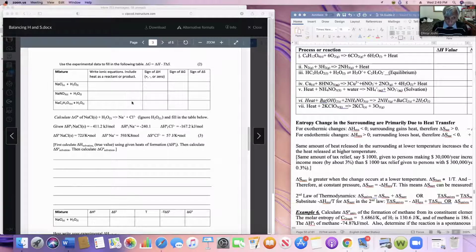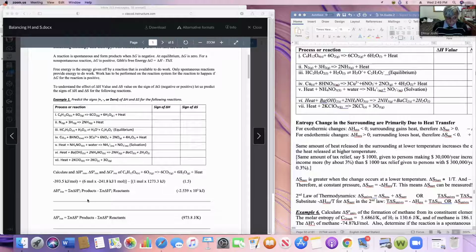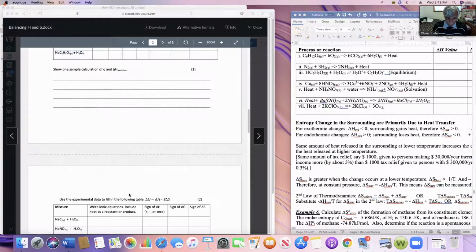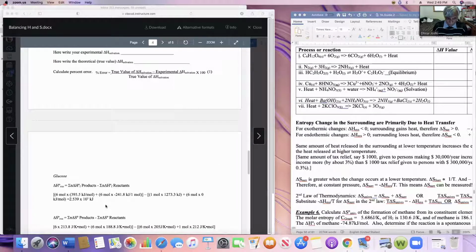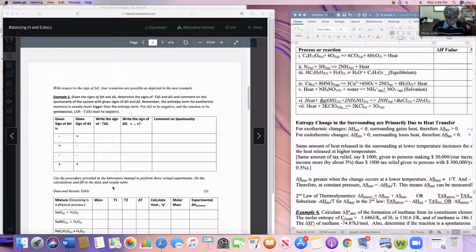Now you are going to have this equation here, the delta H reaction equation. You're going to use this equation to find the heat of reaction of our reaction number 1.